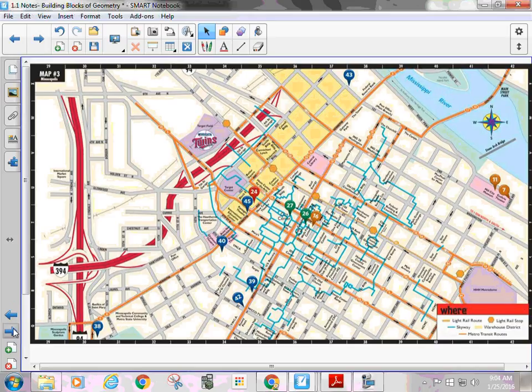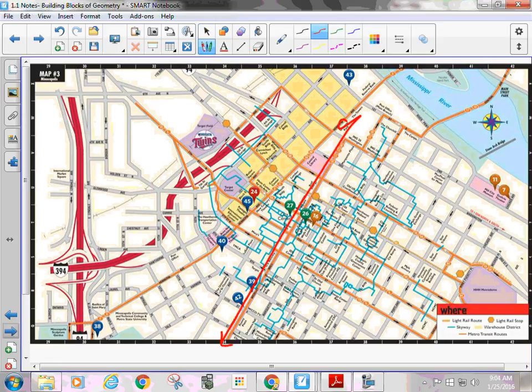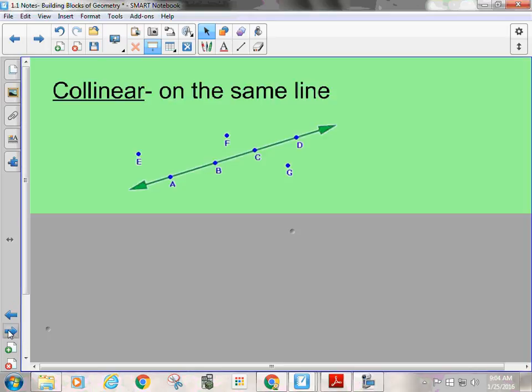We've talked about planes, points, and lines. City blocks here are planes. This whole map can be considered a plane. Streets are lines. This example gives us some points here, points on the roads, etc. So this map has lots of lines, planes, and points that we've talked about.